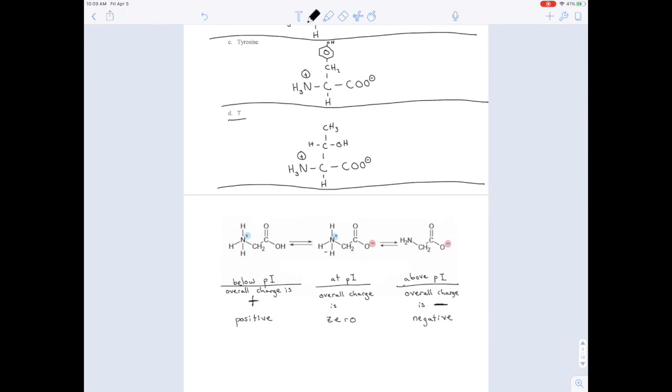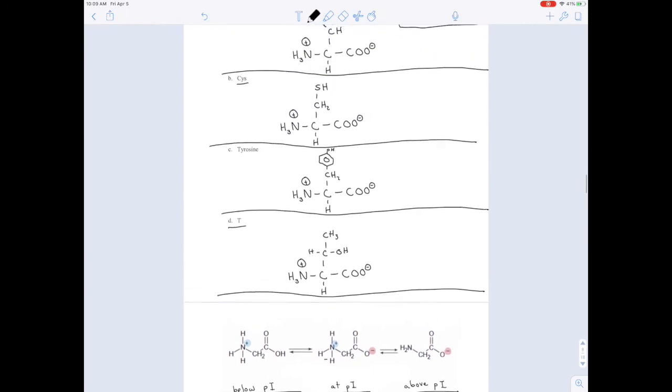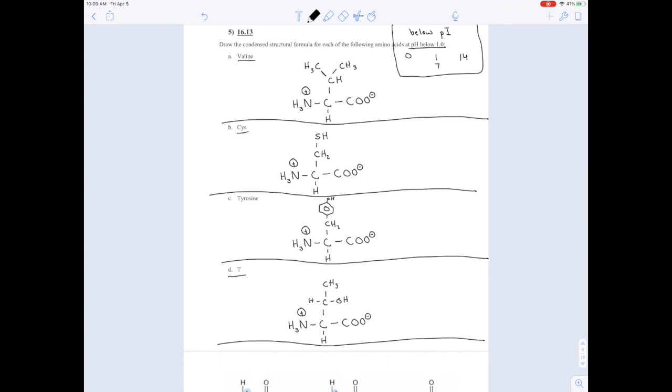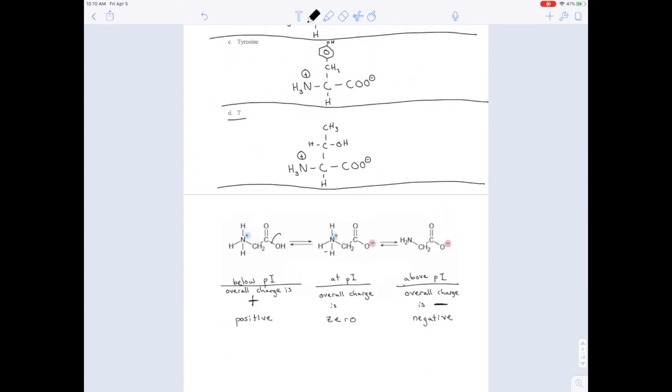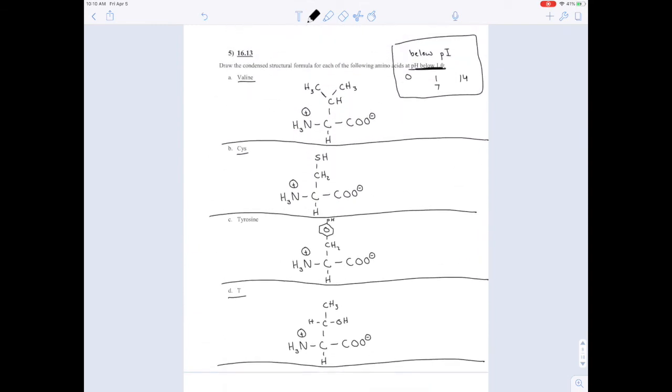We saw that below the pI, which is where we are, you put a hydrogen on the carboxylic acid so that the overall charge is positive. So what we're going to do is take this negative charge, get rid of it, and add that hydrogen there.